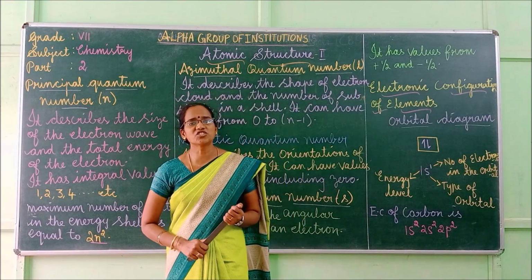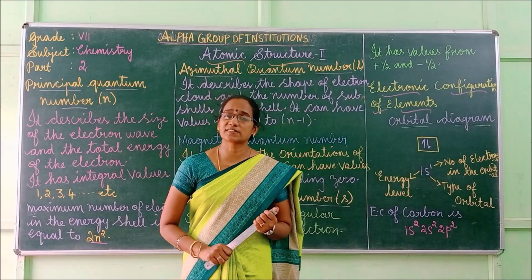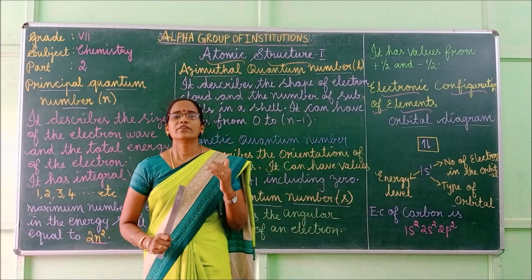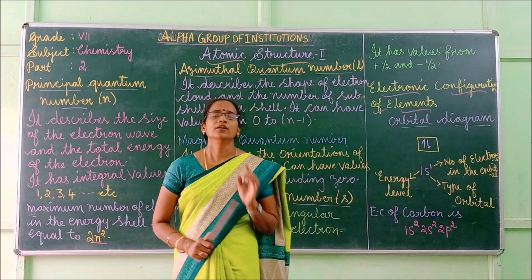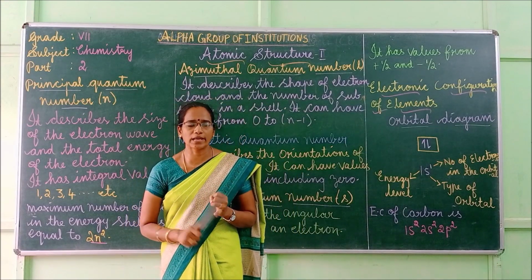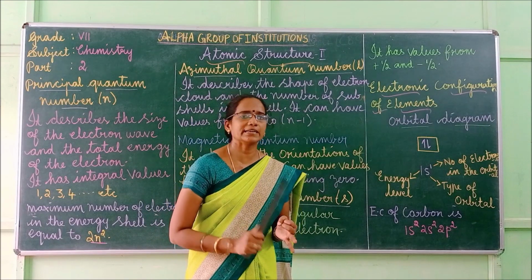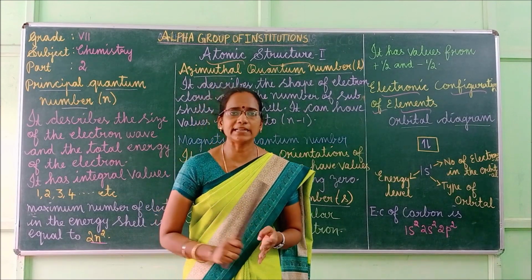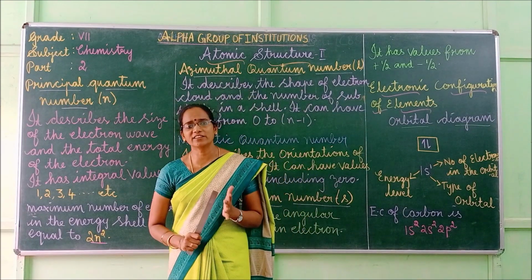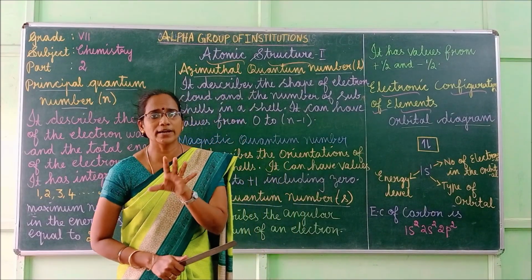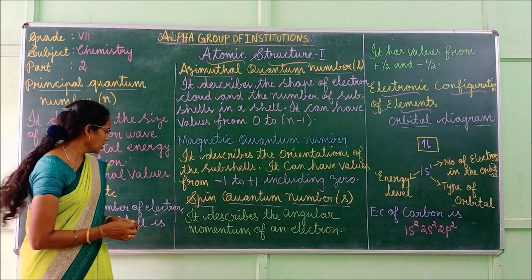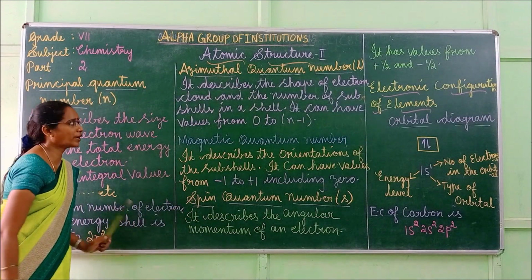For the L shell, 8 electrons is the maximum capacity, the M shell has 18, and the N shell 32 electrons. You cannot fill more electrons than that. So that part is very important.